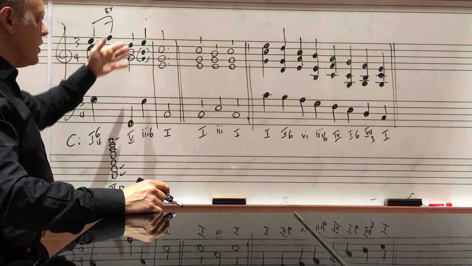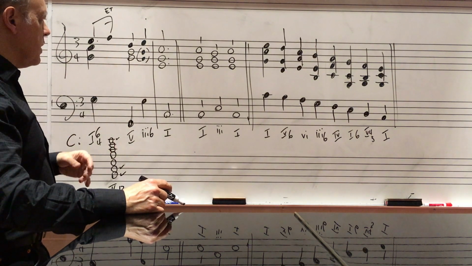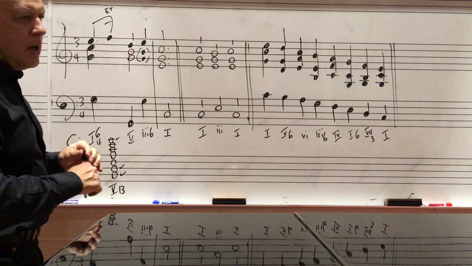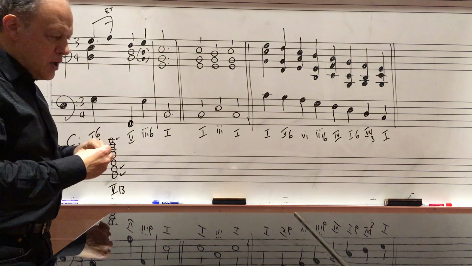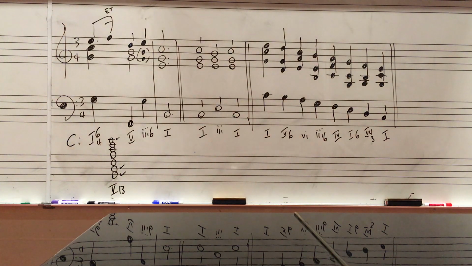It should be heard as being supported by a harmony of some kind, because now it's on a beat. And of course, if we add up all of these notes, E, G, B, that would sound like a 3 chord to many people's ears in the key of C major.